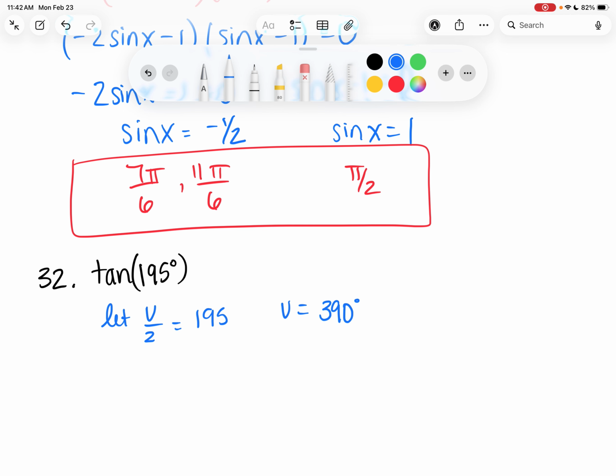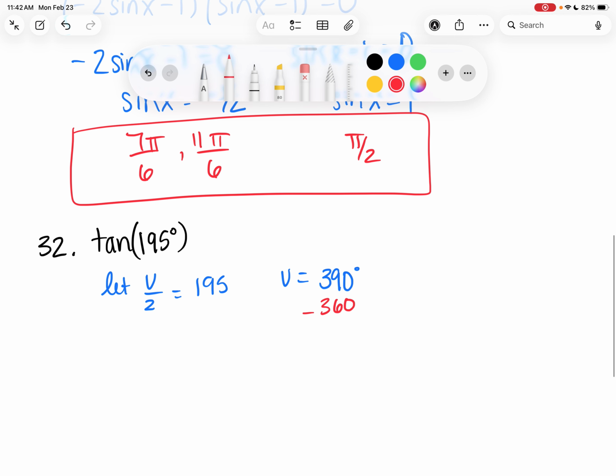Now, is 390 degrees on my unit circle? No. Sometimes that happens and we need to find a coterminal angle with it. How do I find a coterminal angle? Subtract 360. So we're going to treat this like it is 30 degrees, and look at this as the tangent of 30.